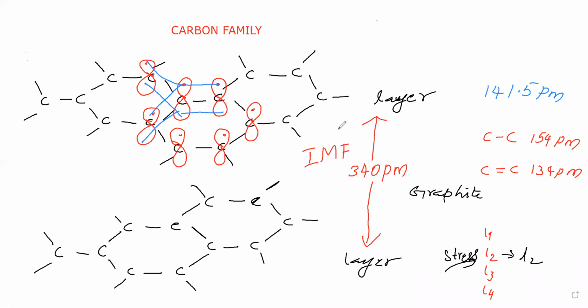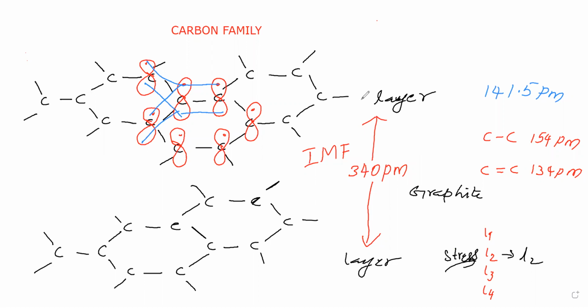Graphite decreases the friction by consuming the stress through the movement of layers. Where stress is given, that layer moves away. Therefore, the stress is utilized and consumed, so graphite is used as a lubricant.